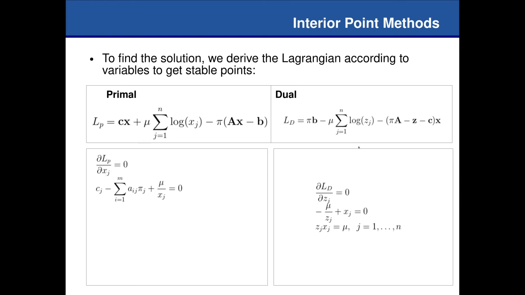On this side, when I differentiate in terms of zj, I will have what? This in terms of zj is going to be 0. This in terms of zj is going to be 1 over zj. So mu times 1 over zj is going to be minus mu over zj.